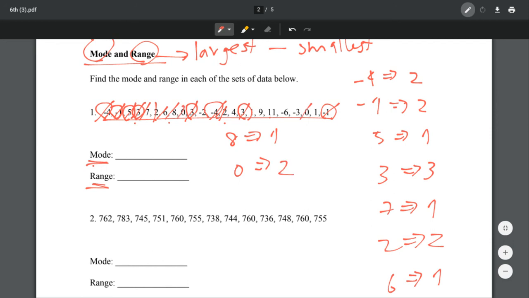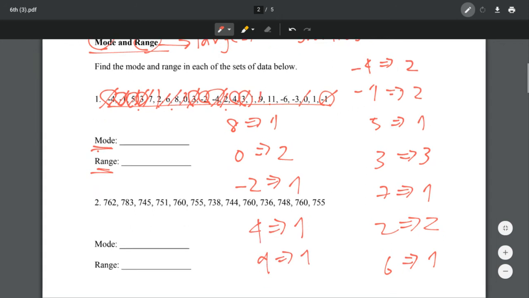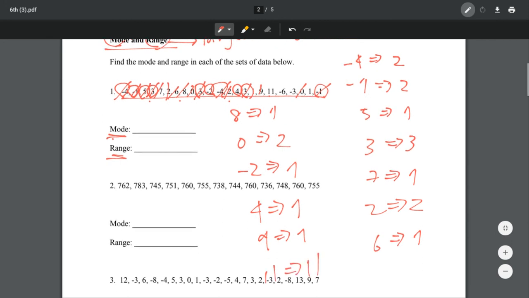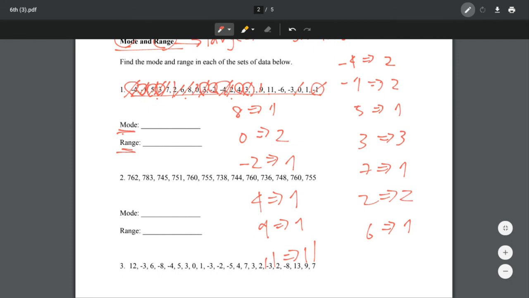How about negative 2? There's only 1 negative 2. How about 4? There's only 1 4. There's 1 9. There's 1 11. There's 1 negative 6. And there's 1 negative 3.